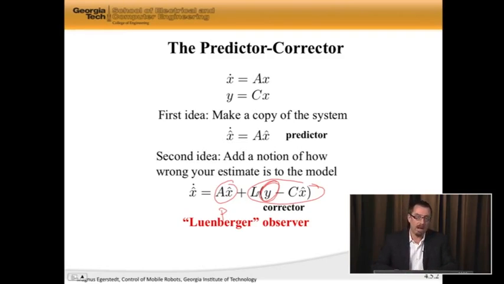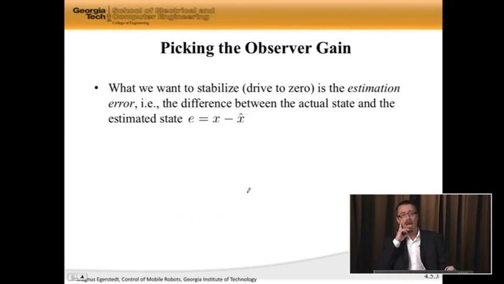So one question is, does it work? The other question is, what is this L? So the first thing we should ask is, how do I actually pick a reasonable L? Well, the first thing we do is define an estimation error, e, as the actual state minus my estimated state. I should point out that we don't know e, because we don't know x.